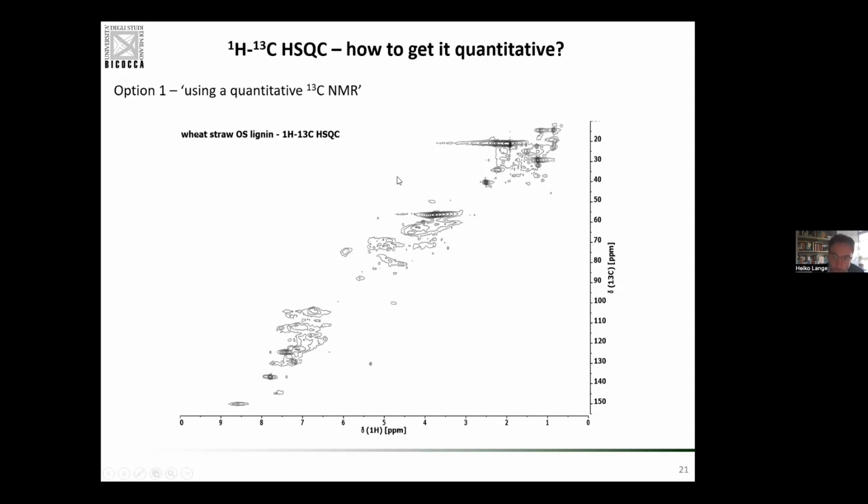So we therefore treat this region alone and this region alone, and look for a standard in the carbon NMR that gives me a reference for this region and a reference for this region here with these types of structures.